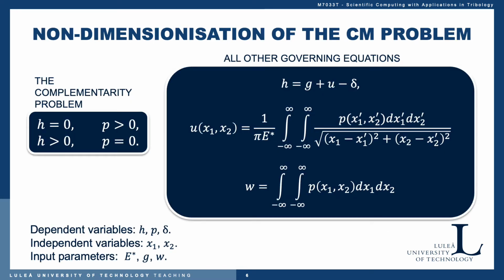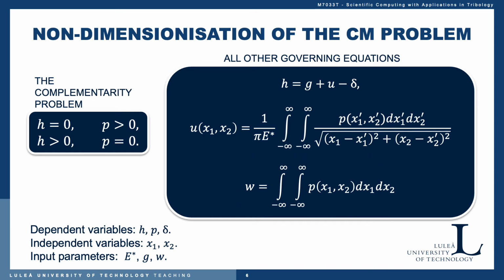In order to state the contact mechanics problem in dimensionless form, we have to consider both the complementarity problem itself and all the other governing equations: the one for the deformed gap, the deformation, and the force balance expression.